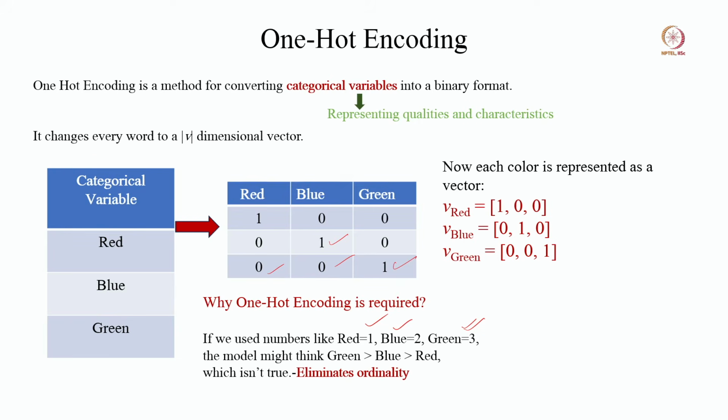That means it is giving more weightage to green because that number is higher, which isn't true. One-hot encoding eliminates this ordinality. That is very important, and if we cannot give numbers to these categorical variables, we need to represent them in the form of vectors, and that is what one-hot encoding does.